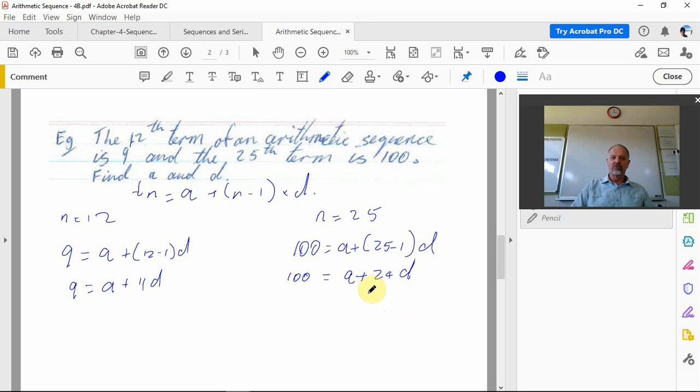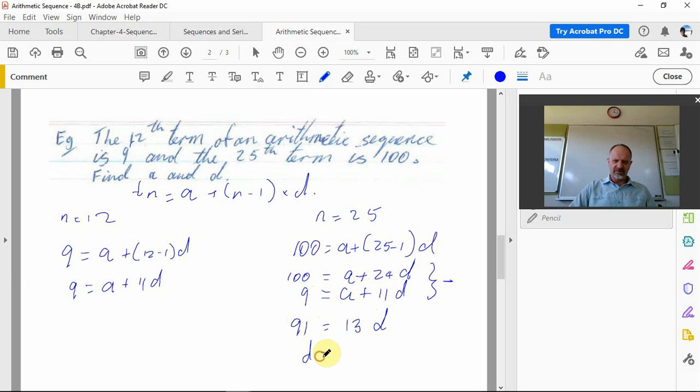and we solve them simultaneously. So you can do it by hand or you can do it by calculator. I'm going to bring this one over here. And I'm going to subtract. So 100 minus 9 is 91. A minus A is 0. 24 minus 11 is 13D.